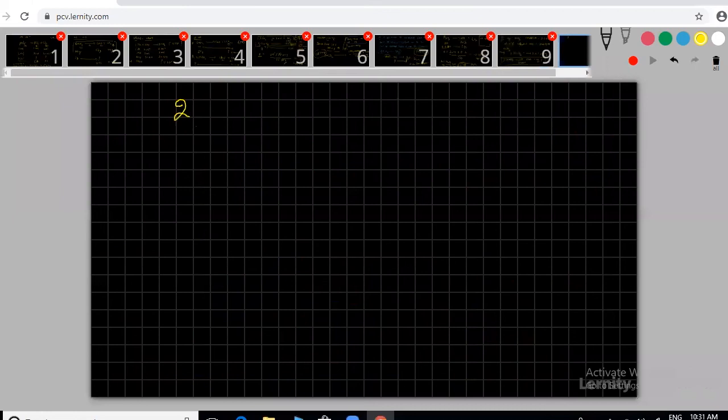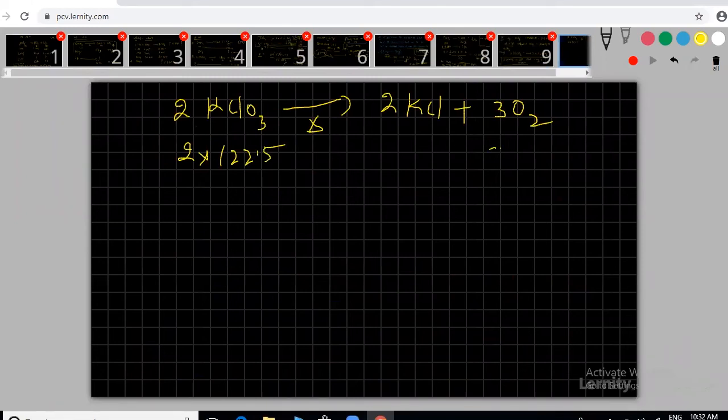Right. 2 KClO3 on heating. Already I told you, first you have to know how to write the equation. Then according to the equation you can write the weight: 2 into 122.5 gives 3 into 22.4 liters at NTP, because it is 3 moles.